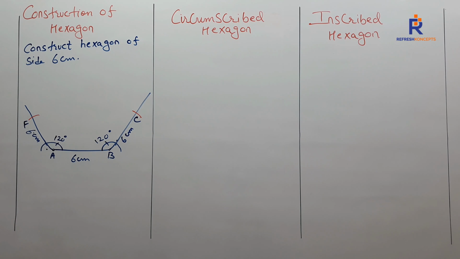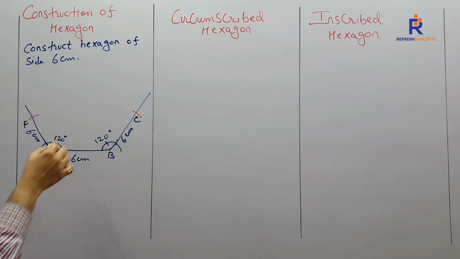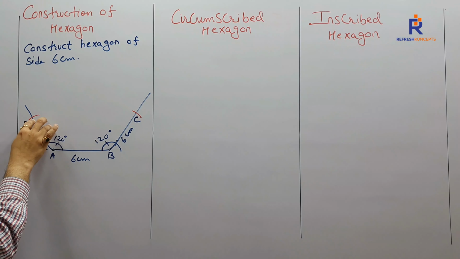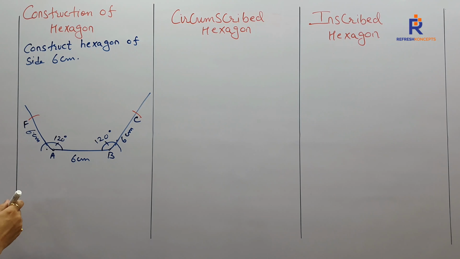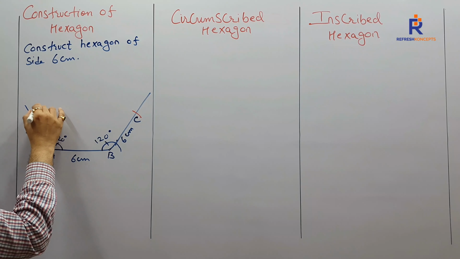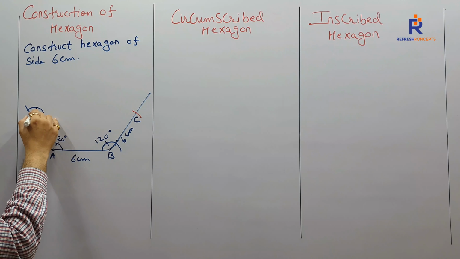What next? Now, F point and C point should be reference points as we did for A and B. With F point as a reference point, you need to go for, once again, construction of 120. So F as a center, any suitable radius, an arc. This is for 60 and this is for 120.